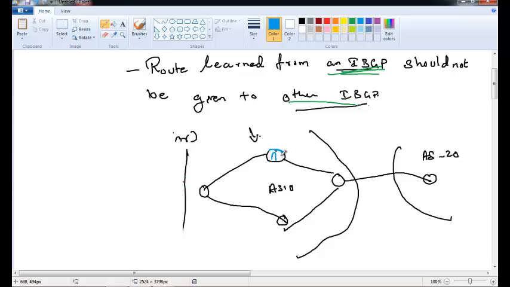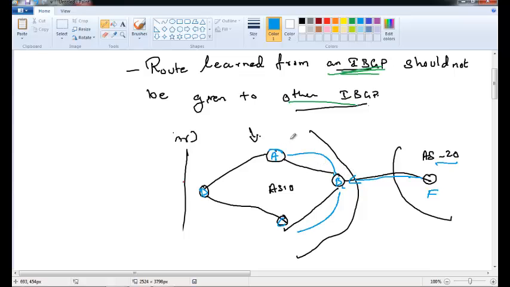Let's say we have A, B, C and D. When an advertisement comes here to B from AS20, B will give it to A. Let's say this is F. B and F are eBGP neighbors. They don't have any problem. But B and A is IBGP. Likewise, B and C is IBGP.